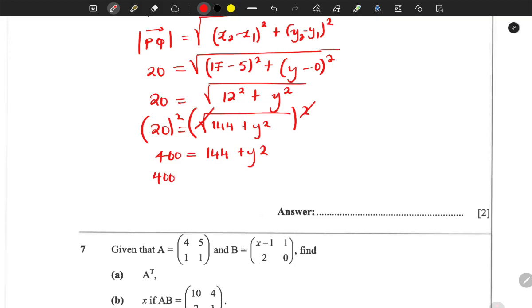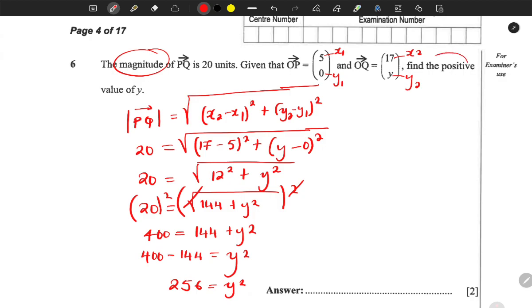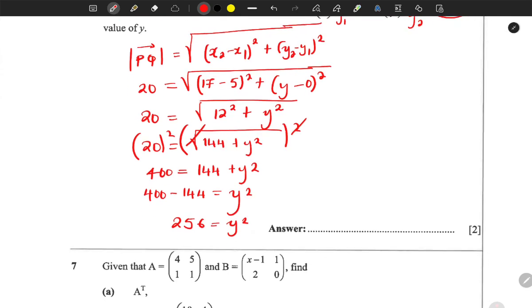So collecting like terms, we get 256 equal to y squared. Now, the question says the positive. We know that anytime you are finding the square root, you get two values, the negative and the positive one.